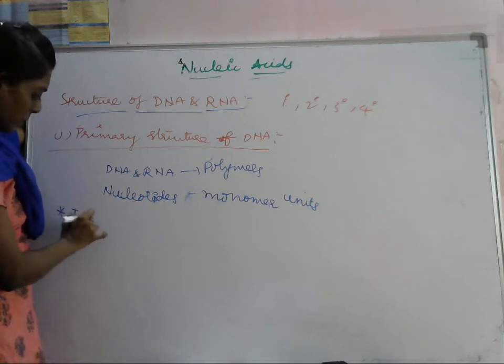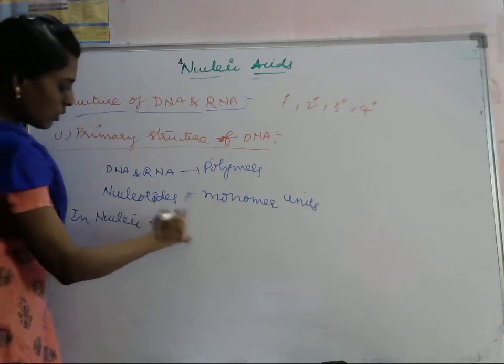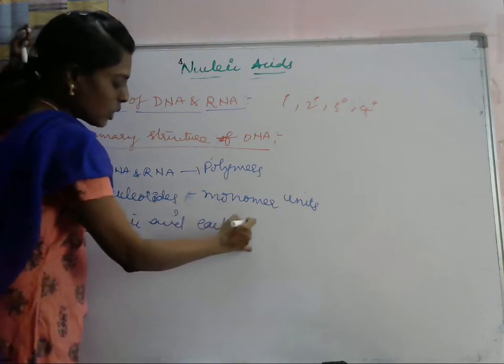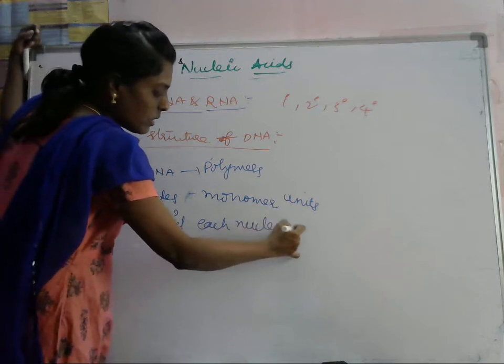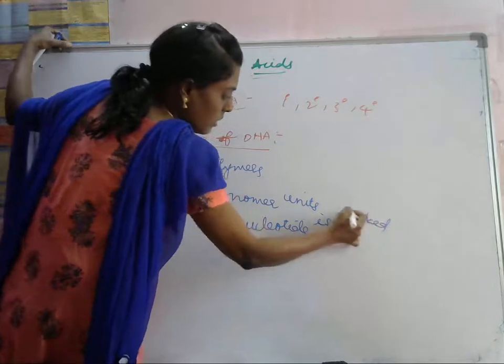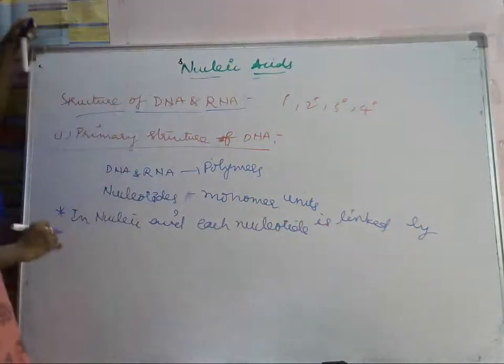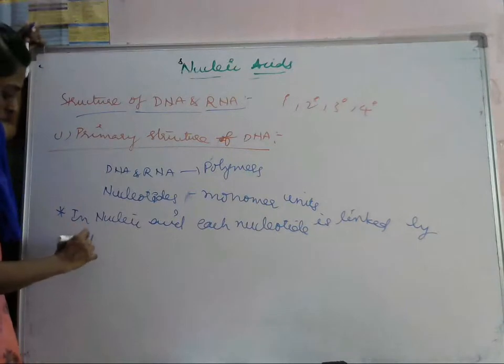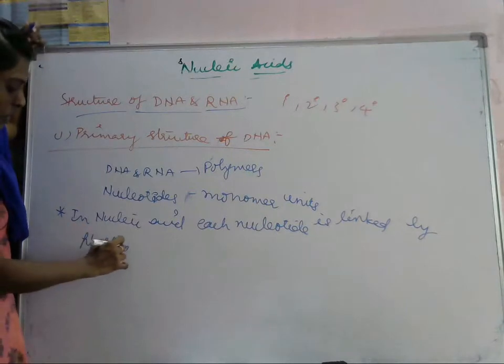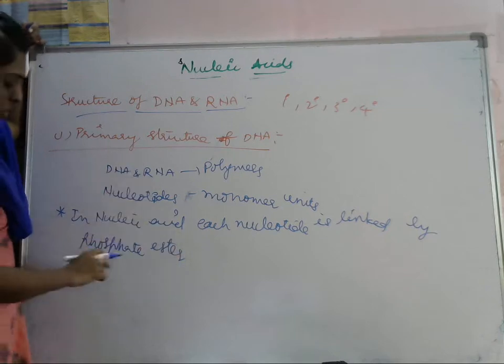So in nucleic acids, each nucleotide is linked by a phosphate ester linkage. This is the most important one, so based on this we have to classify the structures.